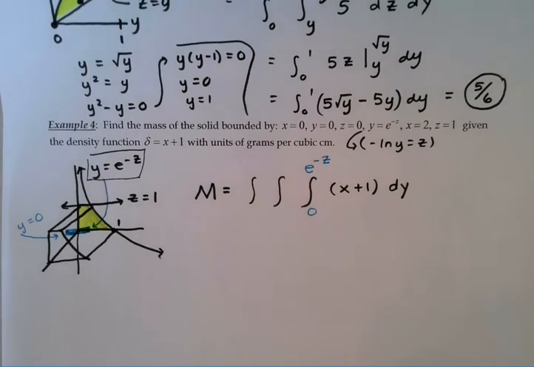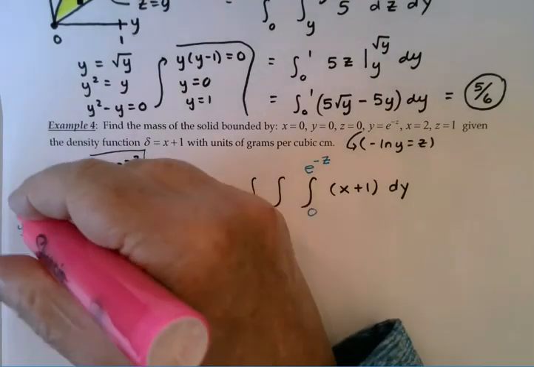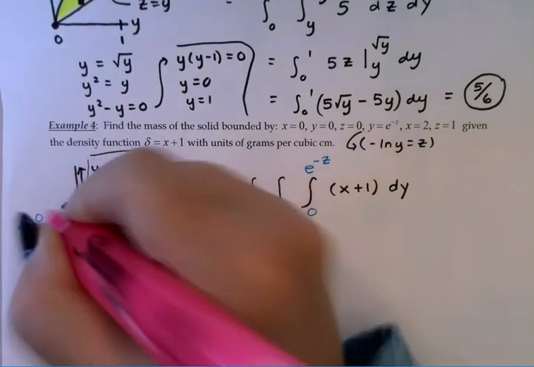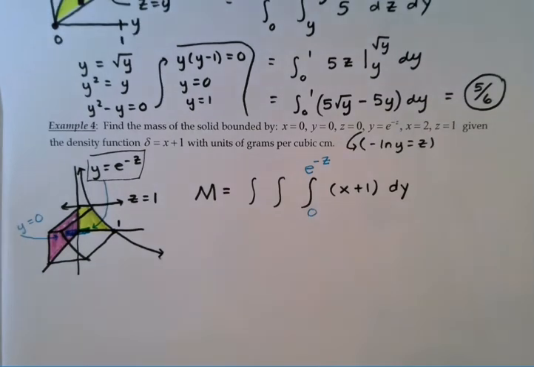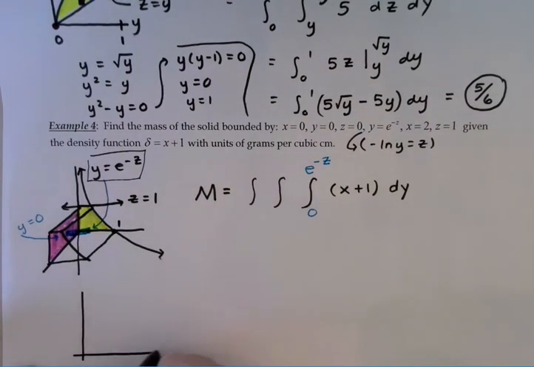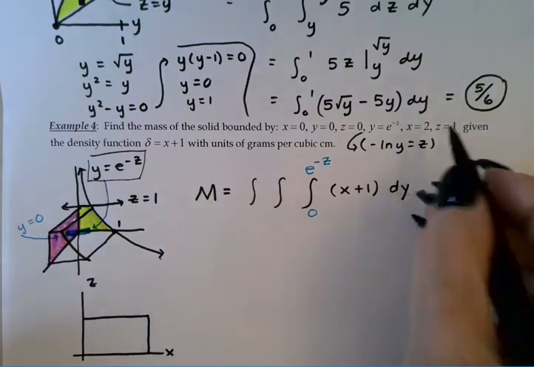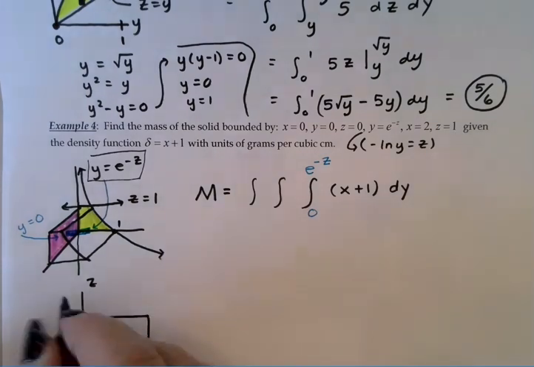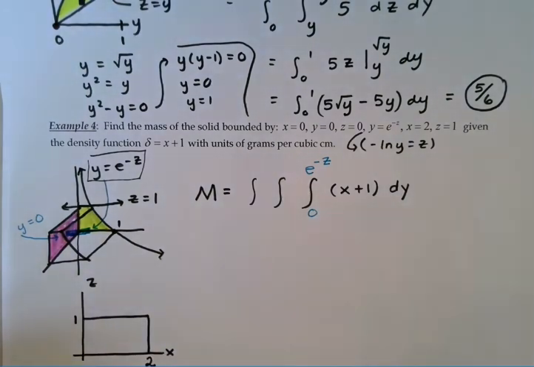All right, that leaves us the xz plane to contain the region R, and I need a different color because I already used my yellow this time. So in the xz plane, it looks like our region R is just going to be a rectangle. We knew that x equals 2 was a boundary, so this must be 2. And we also knew z equals 1 was a boundary, so that must be 1.